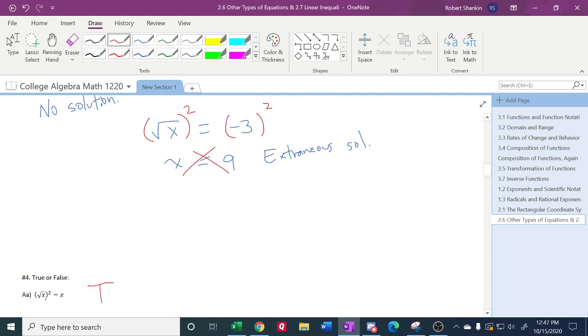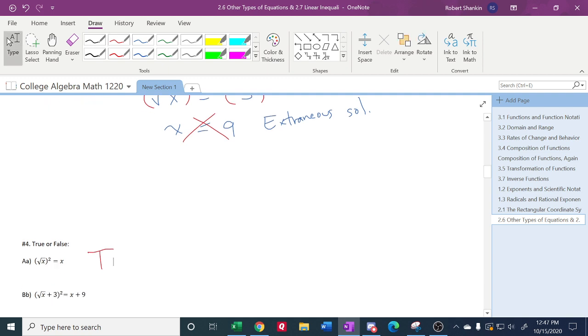Square root and square kill each other off. You get x. Next one. Is that true or is that false? Okay, 10 more seconds.